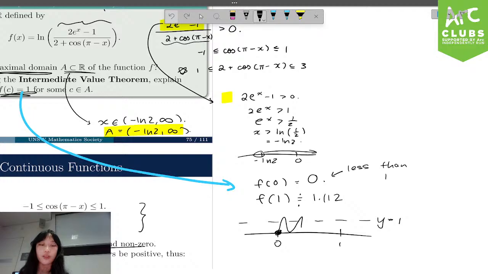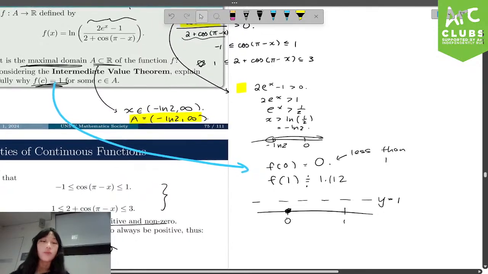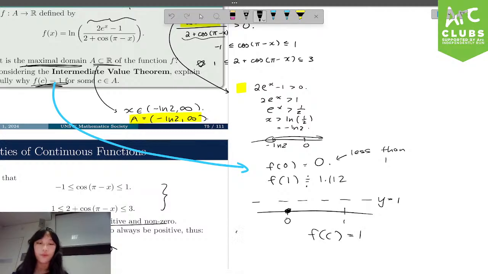From the intermediate value theorem, because this function is continuous, it will cross over here at least once. So between 0 and 1, there exists some c where f of c is equal to 1. I'm just going to write that up. There exists some c in 0 and 1 such that this is true.